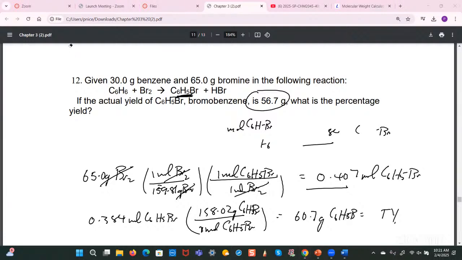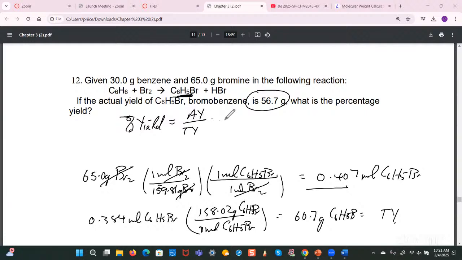Where's the eraser? Let me just erase this here. Okay, so what was I doing? Oh, so now we're going to find the percent yield, all right? So percent yield would be equal to the actual yield divided by the theoretical yield times 100%, right? So in this case, the actual yield is 56.7 grams divided by 60.7 grams, which is the theoretical yield, times 100%.